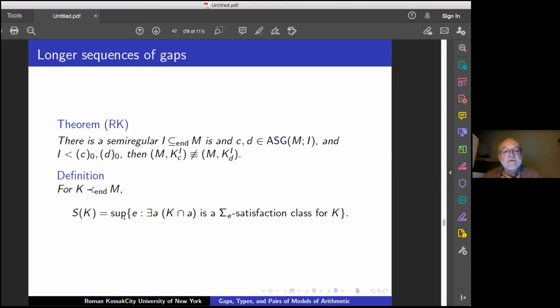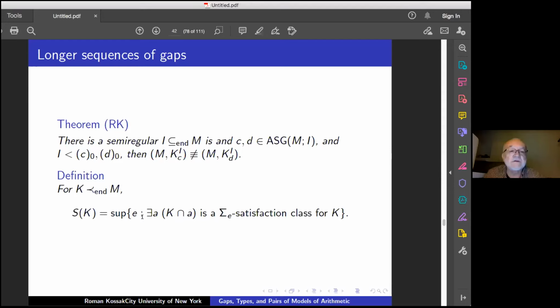S of K will be the cut of K, the supremum of those a's such that there is an element e in the model such that what this element codes on the submodel K will be a Sigma-e satisfaction class for K. This means that this set satisfies Tarski's conditions of satisfaction, formally written. So e could be a non-standard parameter here for Sigma-e formulas.